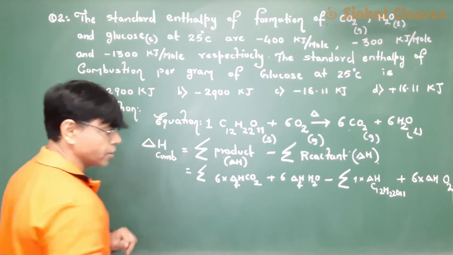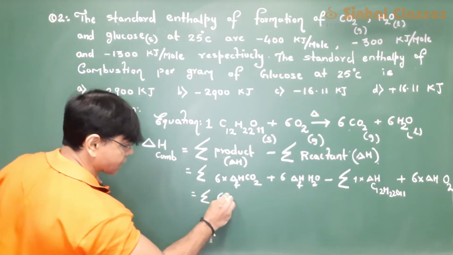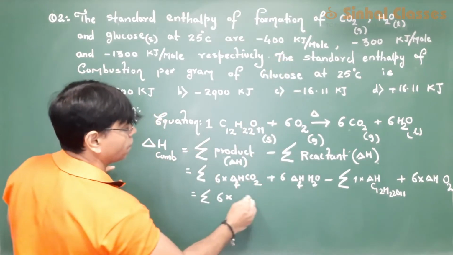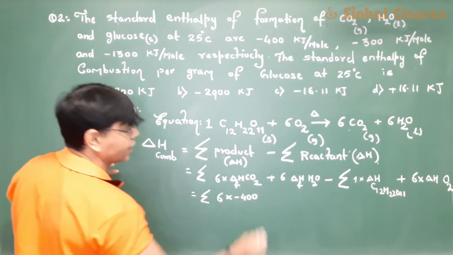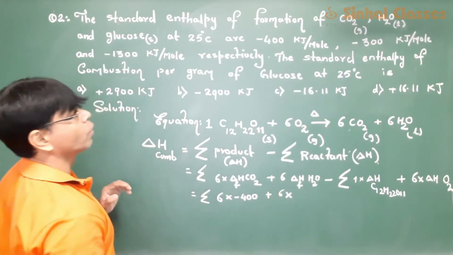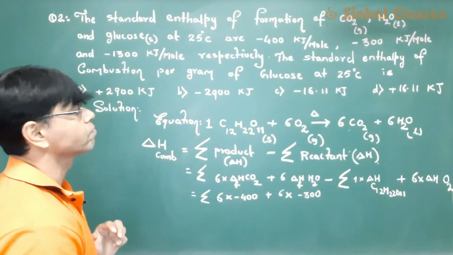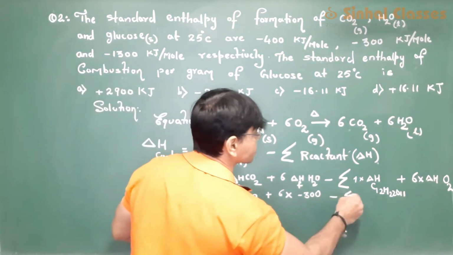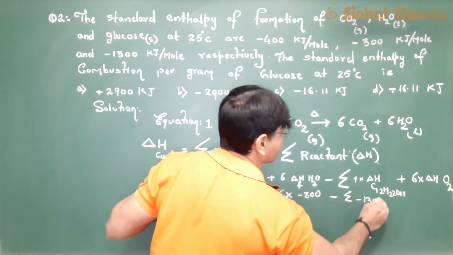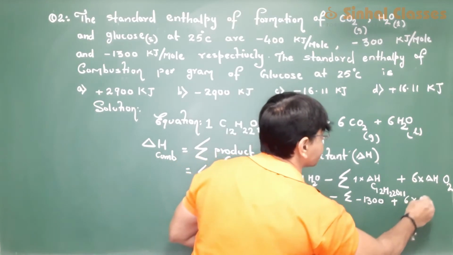Now let's put the values. So it will be summation of 6 into, what is CO2 given to you? Minus 400, plus 6 into, what is water given to you? Minus 300, minus, for glucose it is given minus 1300 and oxygen is in the standard state, so 6 into 0.